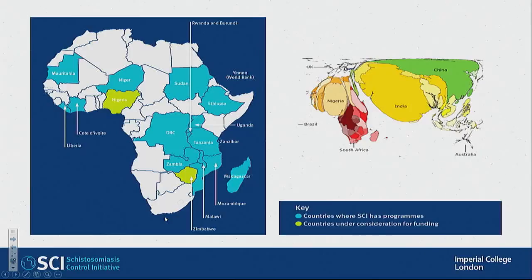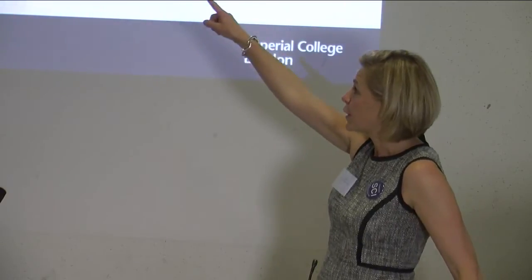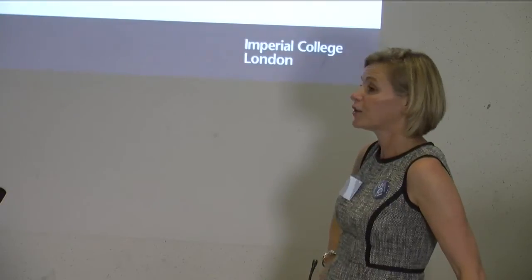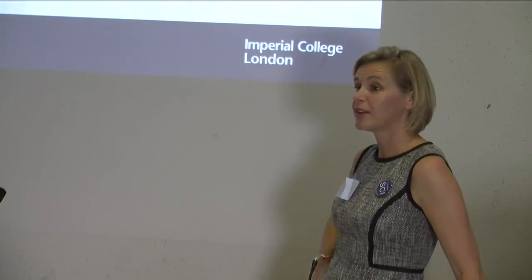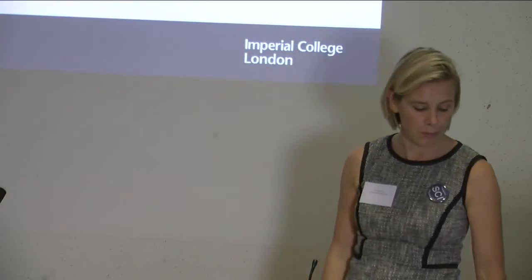SCI, as you can see in your handout, does target countries where a large number of people live in extreme poverty. We are increasing the number of treatments and the number of countries that we reach. To illustrate, in 2013 we had a significant reduction in the number of treatments, potentially because of the unrest in Yemen, which did not allow us to reach many participants there.